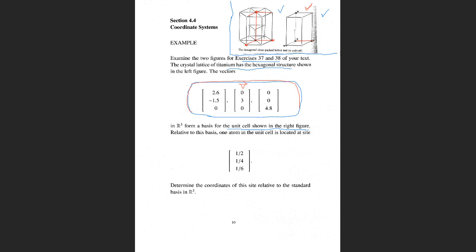What about W? What's W going to go with? The vector W in the picture. That's the third one. Good, Solomon. Because the third vector W, from the origin, it just goes up.